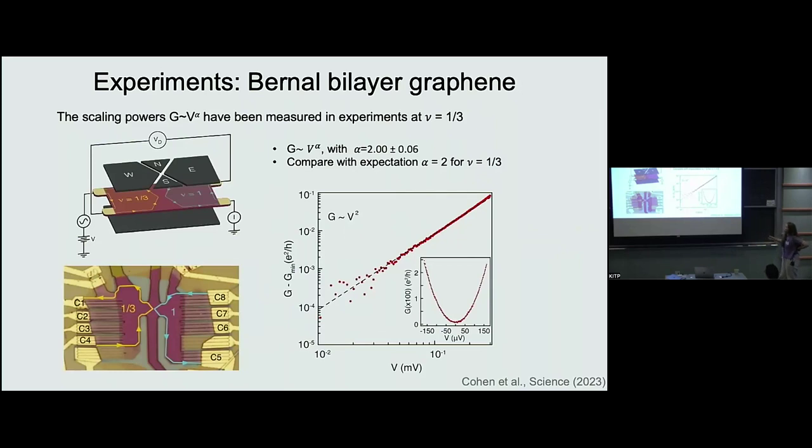So the actual exponent that they find is 2 plus or minus 0.06. So a very beautiful, accurate measurement of this Luttinger parameter. So this is proving that scaling analysis that I showed a few slides ago. Okay.